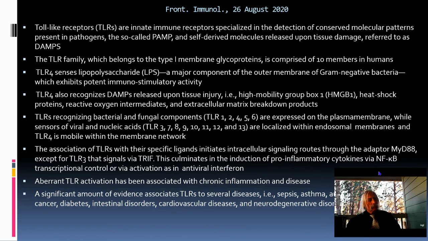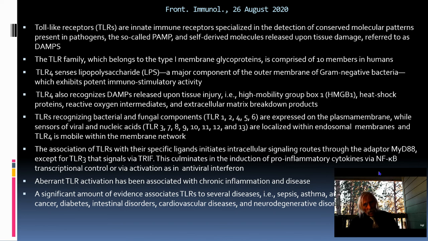Believe it or not. All right, here's a paper published in 2020, Frontiers in Immunology. Toll-like receptors, of course, we know this, are innate immune receptors specialized in the detection of conserved molecular patterns, so they're pattern recognition receptors, present in pathogens. Now, the molecular pattern of pathogen is called a PAMP, right?